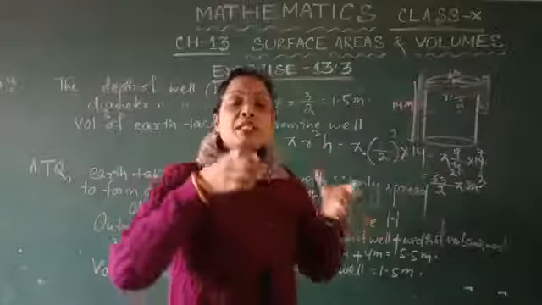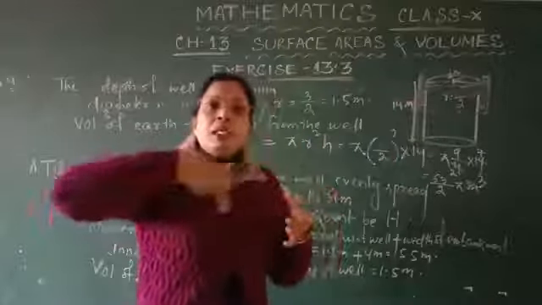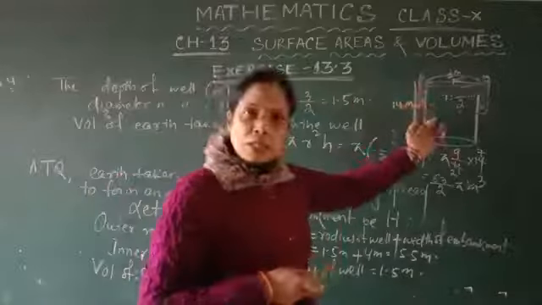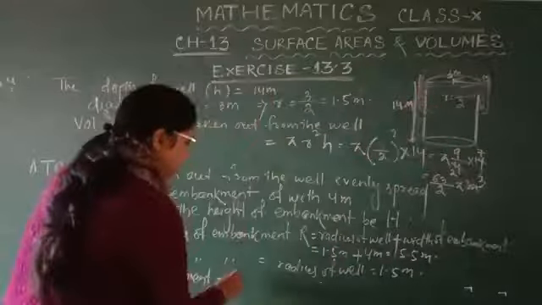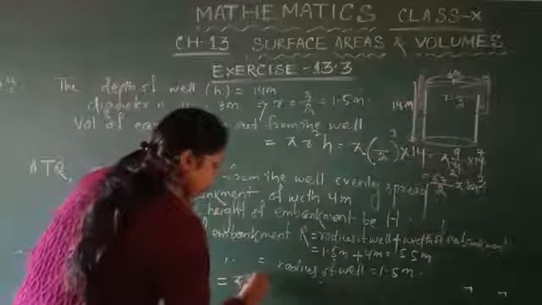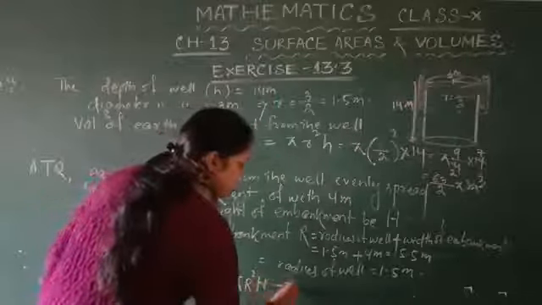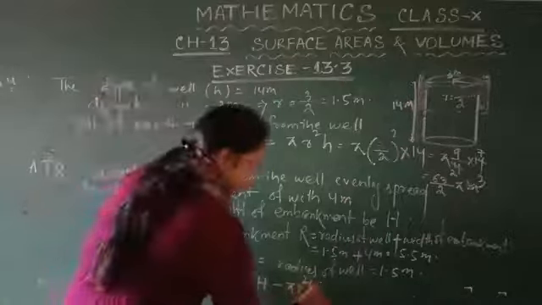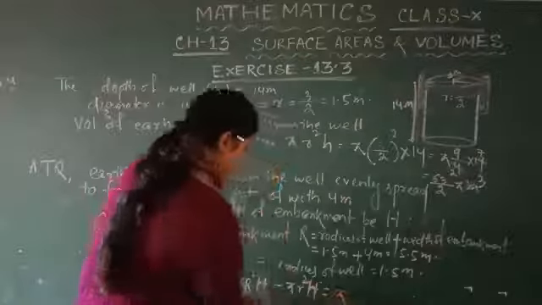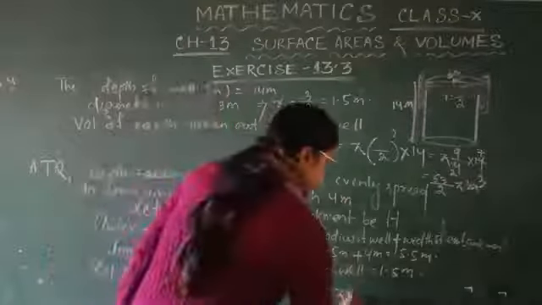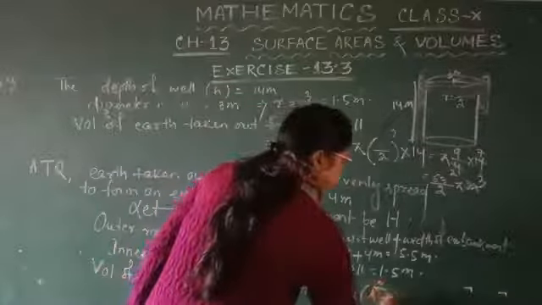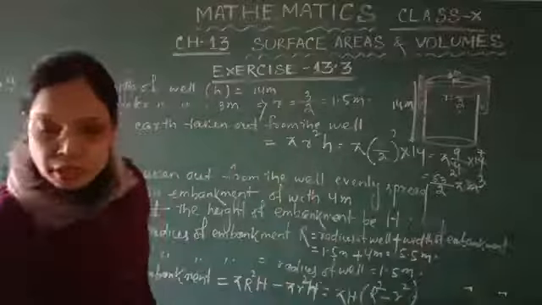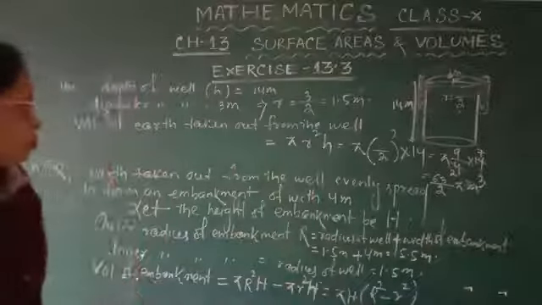So that means the outer volume minus the inner volume, and both are cylinder shaped. So it is pi capital R square h minus pi small r square h. So you can take common pi and h, then it will be R square minus small r square. This is the volume. So now it will be what?